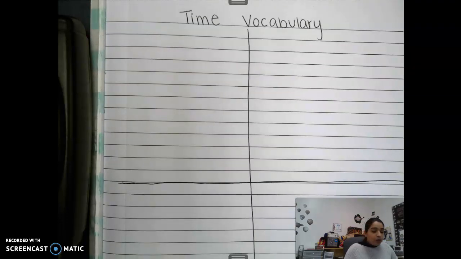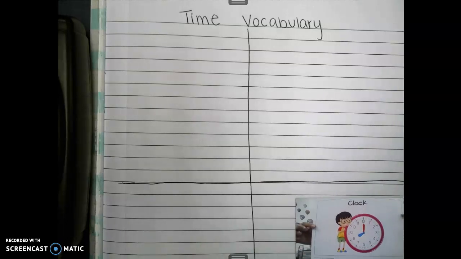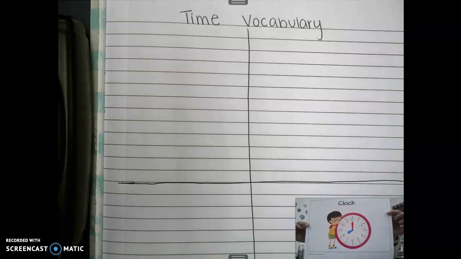Okay, so we're going to go ahead and pick a vocabulary word from our new vocab that we just reviewed. So I'm going to go ahead and pick clock.